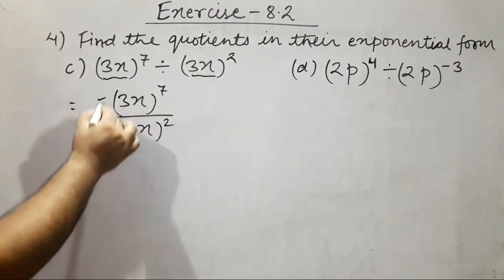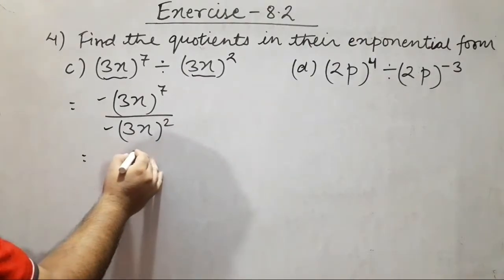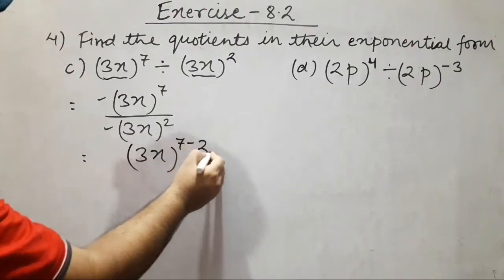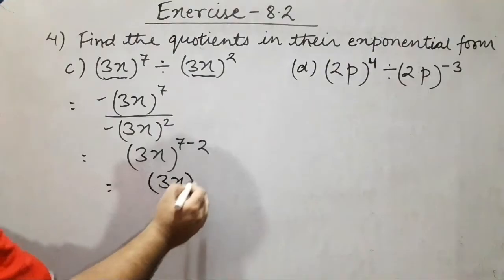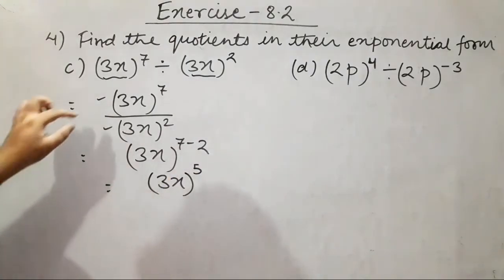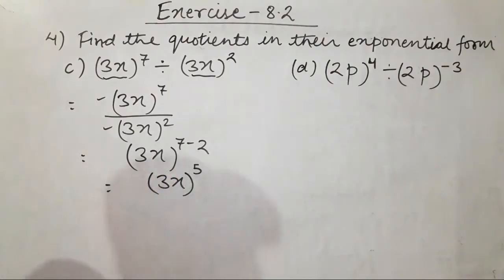When same bases are divided, then their powers are subtracted. So we can write it as 3x power 7 minus 2 equal to 3x bracket power 5. So take care not to leave this bracket. If you leave the bracket, it will be considered wrong.